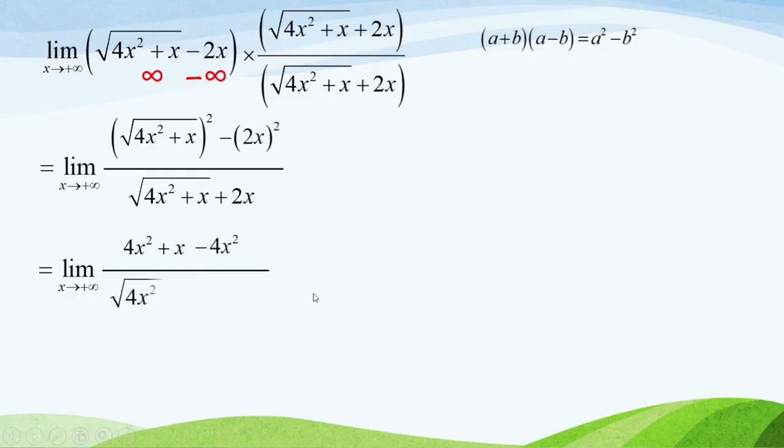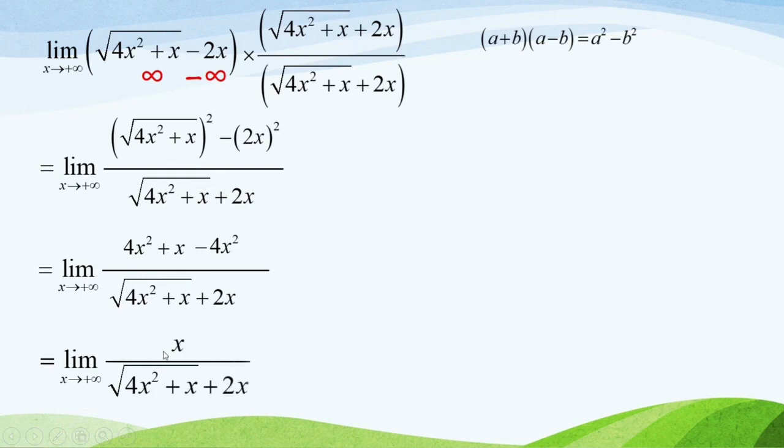The denominator is still the same. And we simplify this: 4x squared plus x minus 4x squared, so 4x squared minus 4x squared is 0. So the answer is limit x approaches infinity, x over the square root of 4x squared plus x plus 2x.